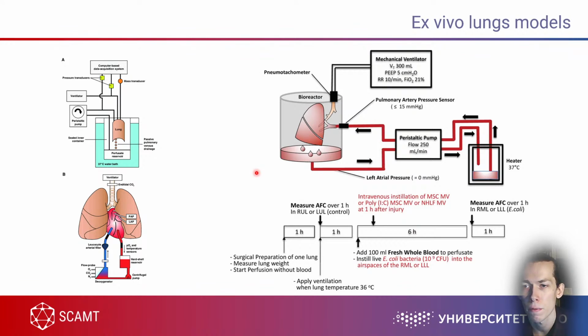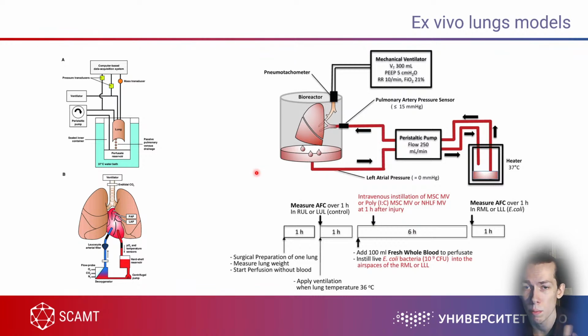But if you have some separated organs, for example, like shown here, lungs, or even heart or brain or stomach, you can study more precisely how nanoparticles interact. In some cases, an ex vivo system is more complicated and more expensive than in vivo systems.